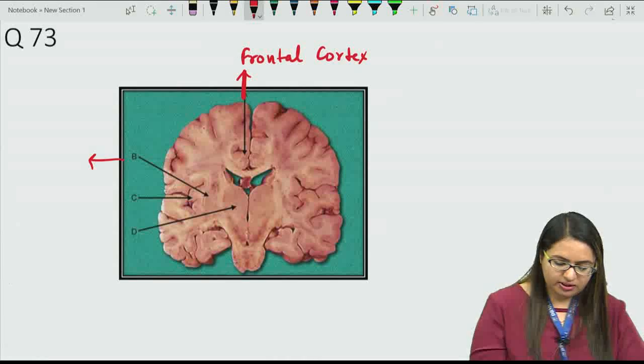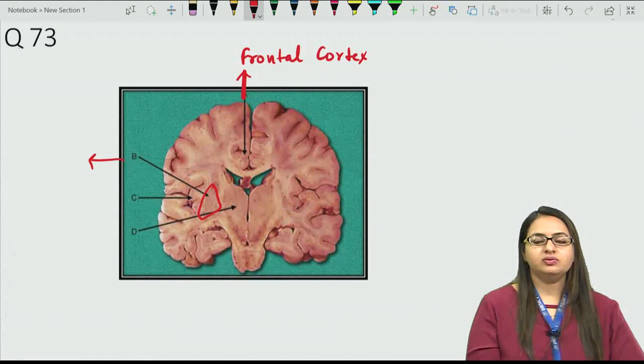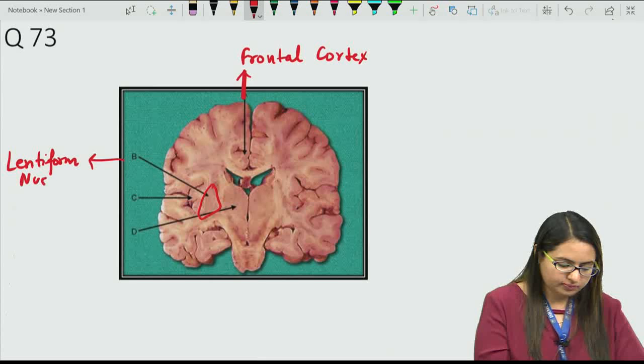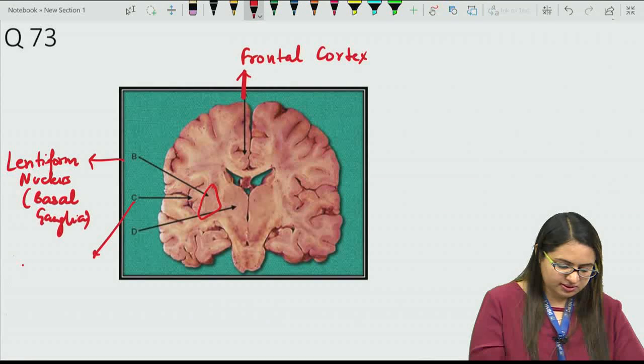The B structure over here is a triangular nucleus, which is a lentiform nucleus, a part of the basal ganglia. Then C is the insula.